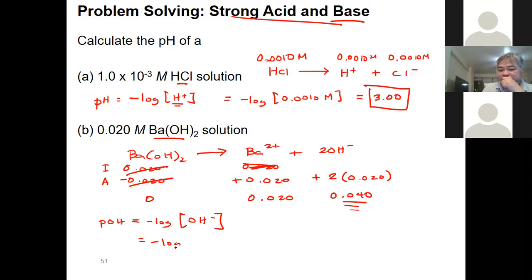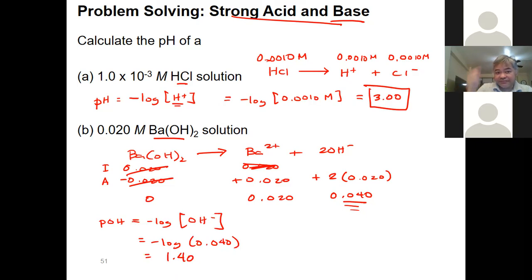So you have negative log 0.040. So that is equals to what? 1.4 po. So you could say 1.40.